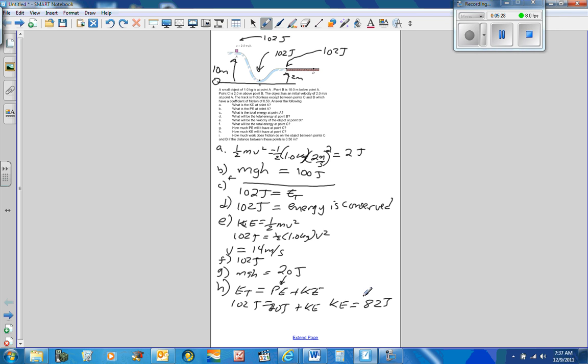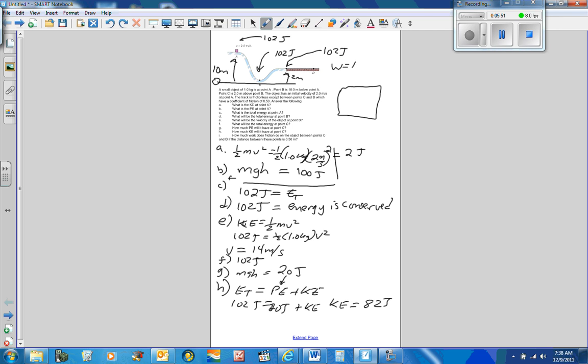All right. How much work does friction do on the object between points C and D if the distance between these points is 0.5 meters? And I don't know if you can read this, but the coefficient of friction is 0.5. So what's the only force? Remember work, there's a couple of equations for work.